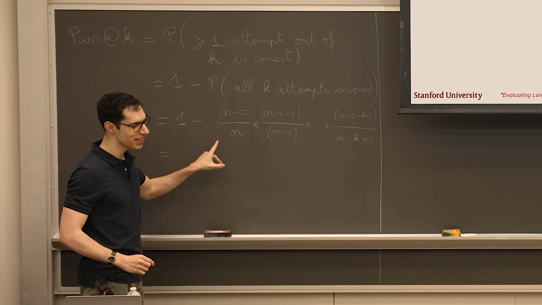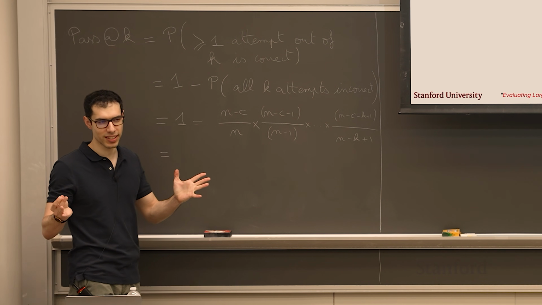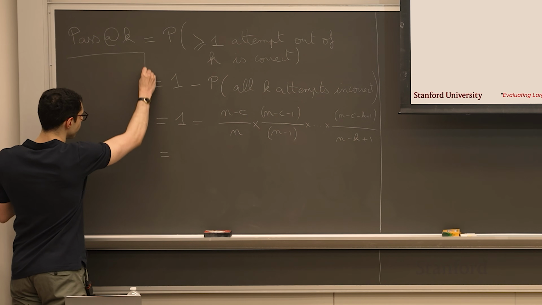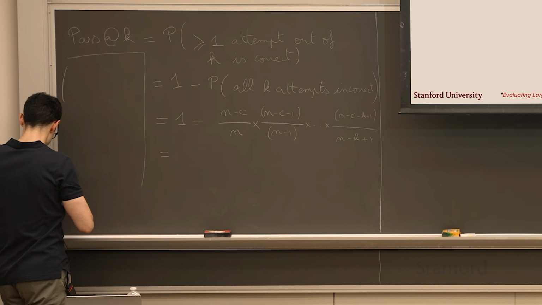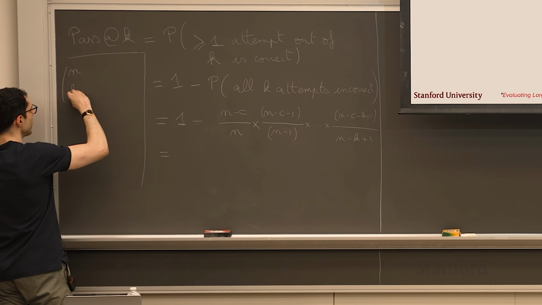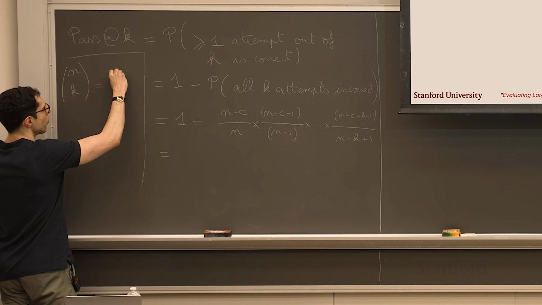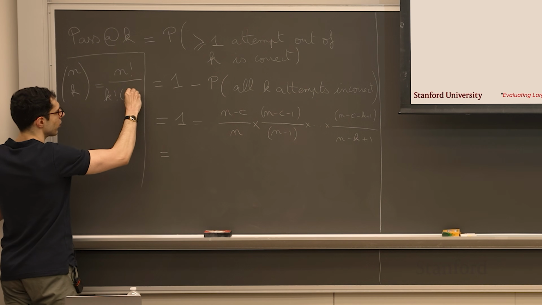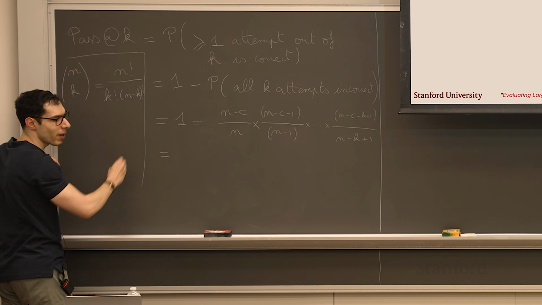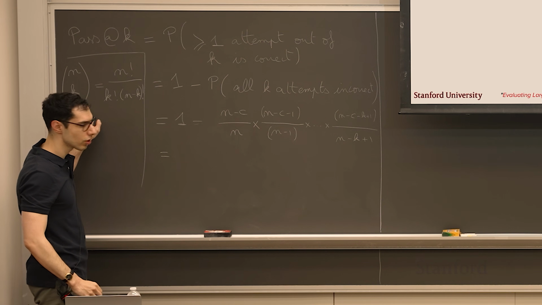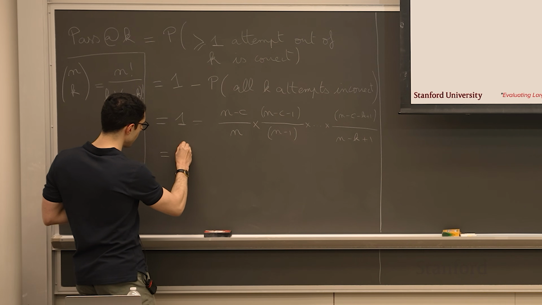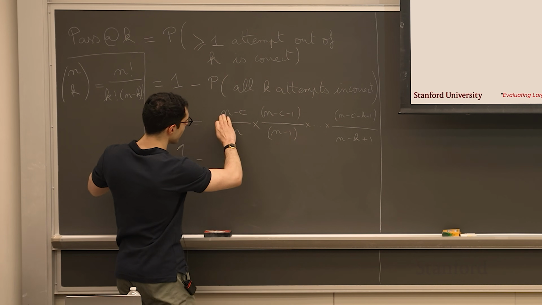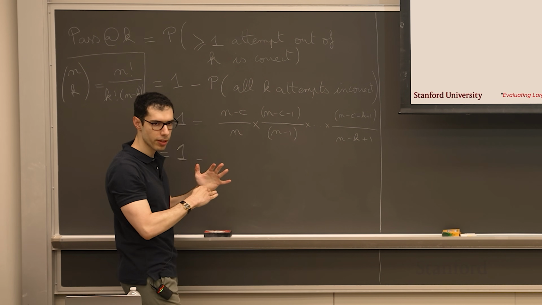And now the nice thing with this is that you can express that with a nice mathematical notation. So for people who know, n choose k is equal to n factorial over k factorial times n minus k factorial. This is by definition of what this quantity is about. So we're going to use that here. Here we have a series of products, which we can express as a factorial over another factorial.